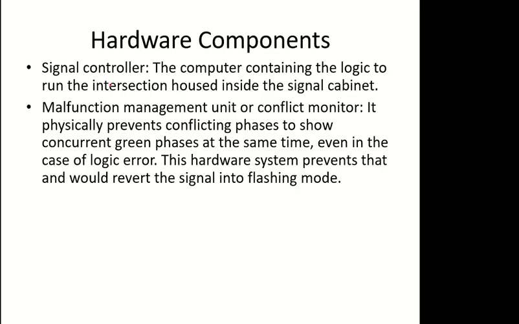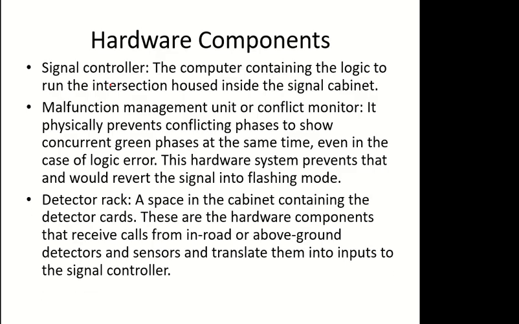So this conflict monitor or malfunction management unit will come into play, and it will make sure that everything is going properly. If it is not going properly, then it will change the signal into flashing mode. So all directions will start flashing. Drivers will have the warning that the signal is not working properly, and the authorities can check the signal and repair it later on.